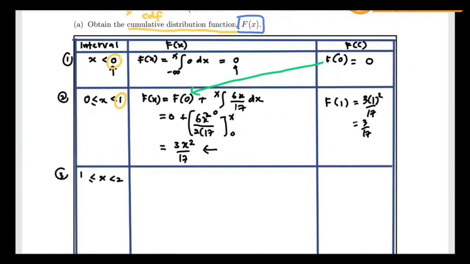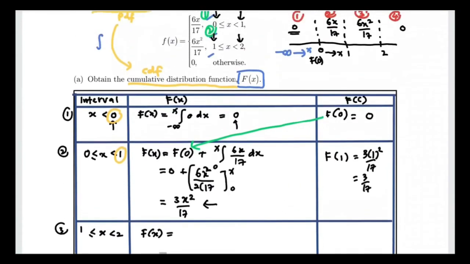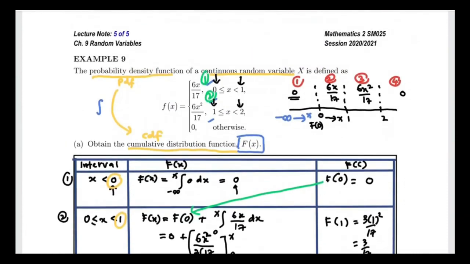For the third interval, we are going to integrate from 1 until x. But you have to remember that before entering this interval, we have accumulated from the beginning.